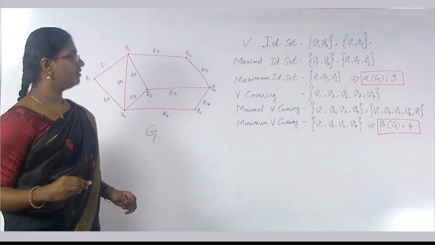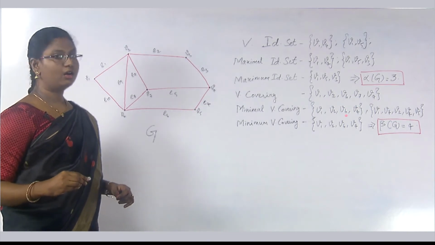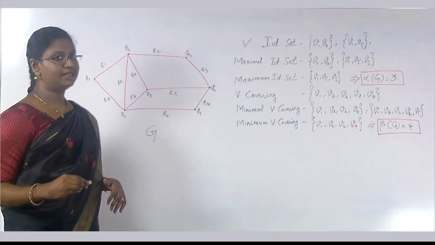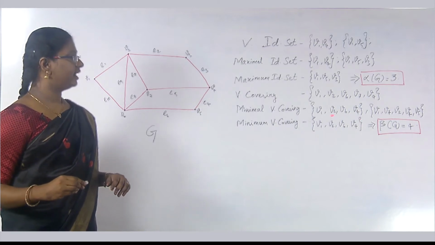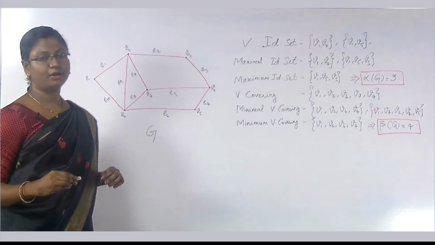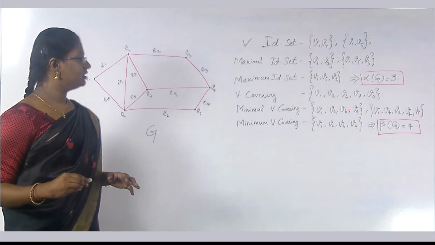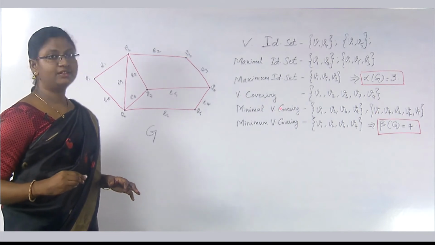So, in this set if I remove any one of the vertices, all the 10 edges are not covered by the resulting set. That implies this set does not have any proper covering set. So, this set I am calling a minimal vertex covering.